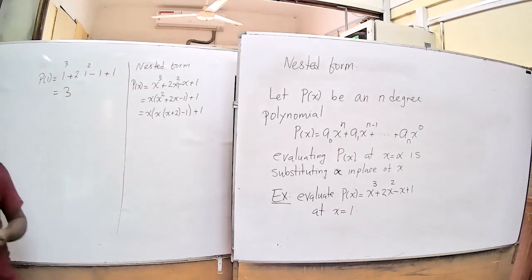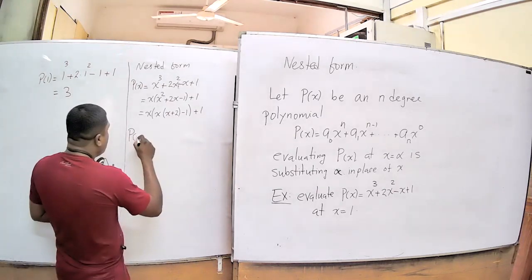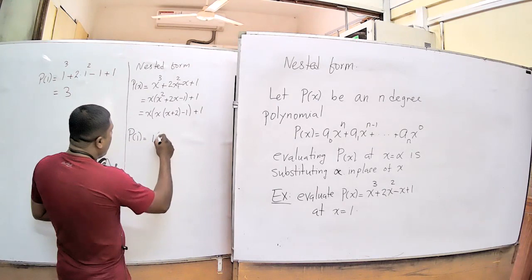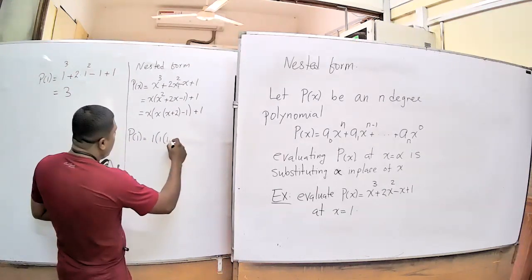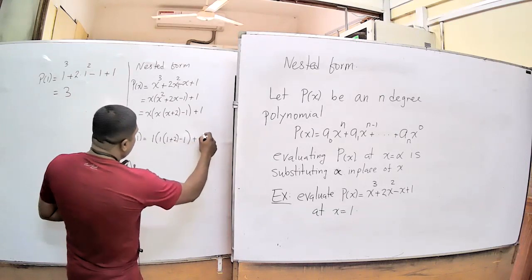Now if I want to compute this, I have to put 1 times 1 times 1 plus 2, minus 1, plus 1.